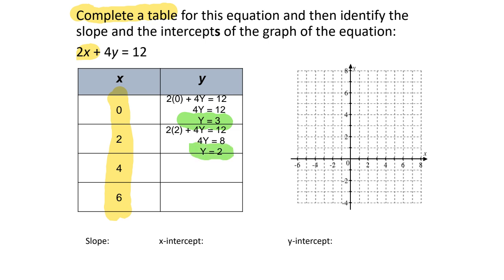Now, if I do 4, this is going to give me 2 times 4 plus 4y equals 12. 4y is going to give me 4, or y is going to equal 1 when I do my algebra.